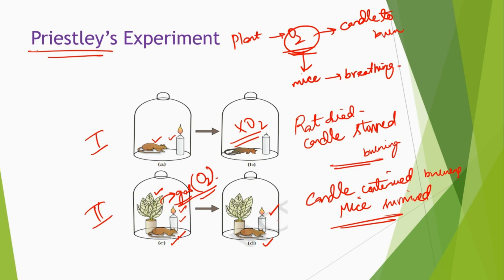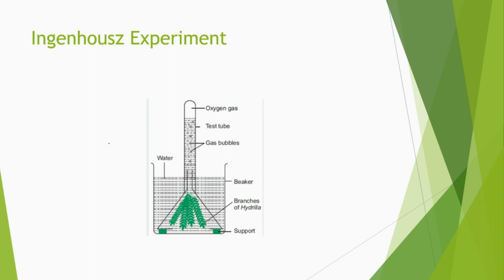It helps in the process of respiration, and hence you can see the candle burning and the mice surviving. There is another experiment which was conducted by Ingenhousz, another famous scientist. Basically, Ingenhousz just modified the experiment of Priestley.